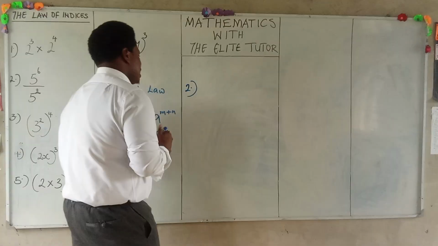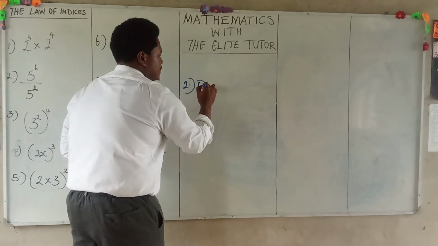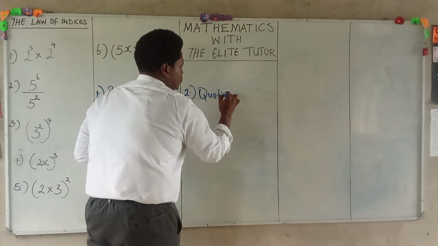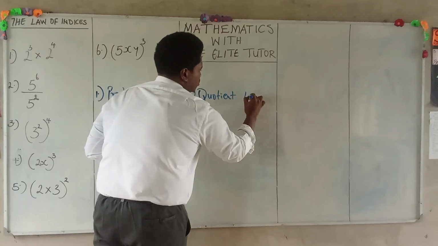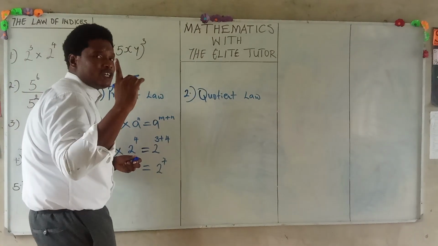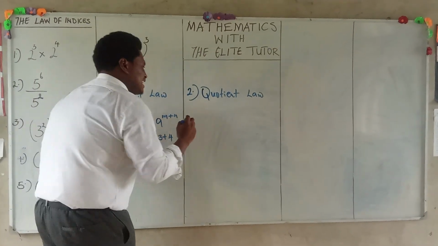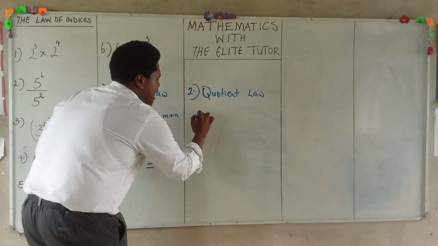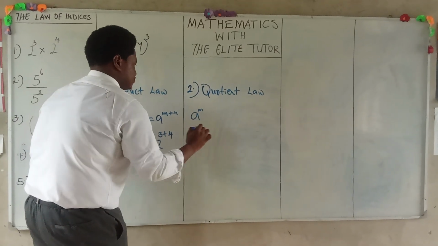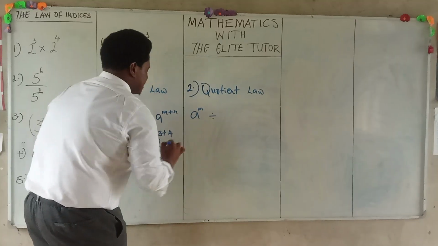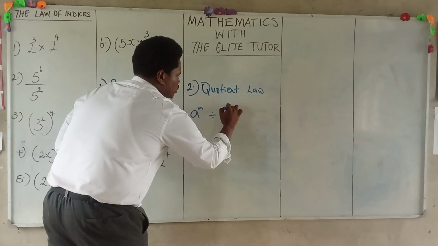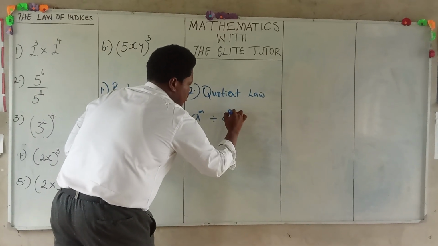Now, what do we mean? The quotient law, which is also known as the law of division, is expressed as a raised to power m divided by a raised to power n.